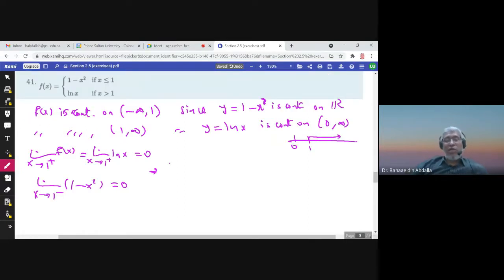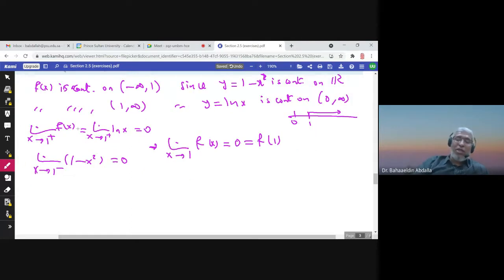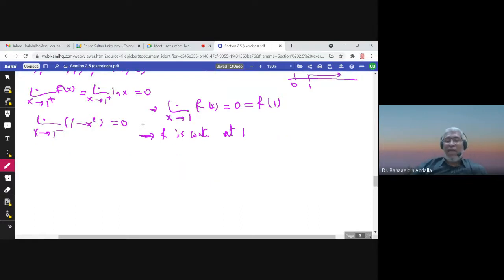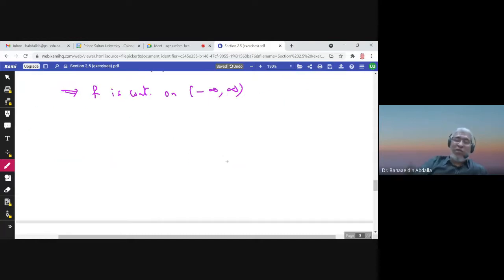So I notice that the limit of the function when x approaches 1 is 0. And 0 is f of 1. Because if I ask you to find f of 1, it would be 1 minus 1, which is 0. This means that f is continuous at 1. So it's continuous from negative infinity to 1, and from 1 to infinity, and at 1. So this means that f is continuous on R, or from negative infinity to infinity.